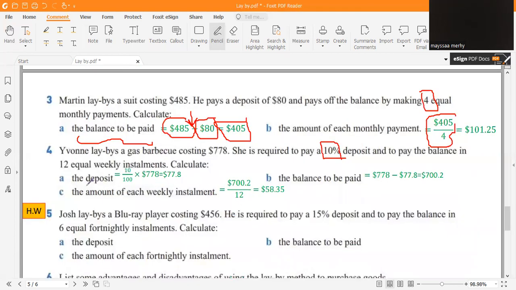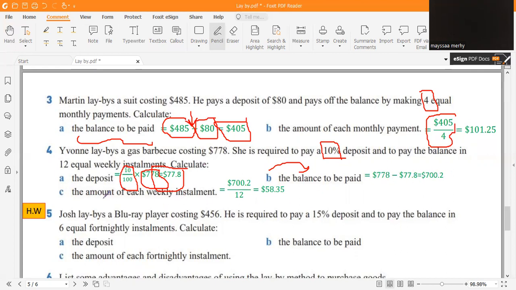Here, to calculate the deposit, we multiply the original cost of the gas barbecue by 10 over 100, which is equivalent to 0.1. So we obtain $77.8 as the deposit. And we calculate next the balance to be paid by subtracting $77.8 from the original $778 to obtain $700.2.